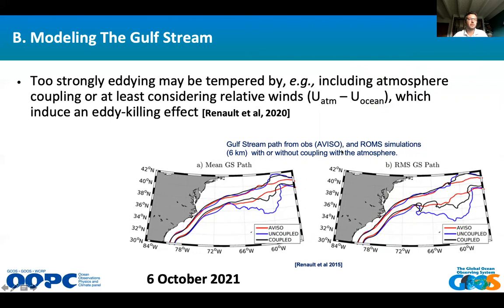Relative winds meaning we take the difference between atmospheric winds and ocean currents to compute the stress at the surface. This has an eddy killing effect, removing 20 to 30% of the eddy kinetic energy in this region, and gives very realistic results, at least for this configuration. So if you compare the red and black curves there.